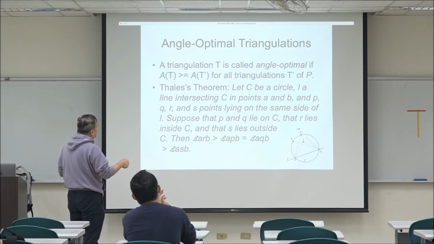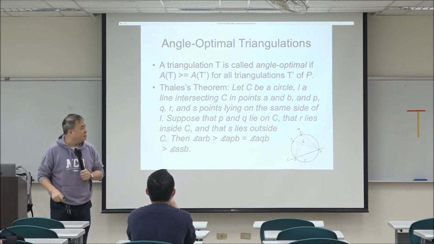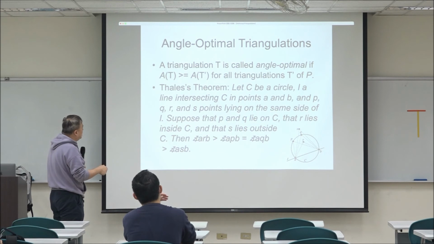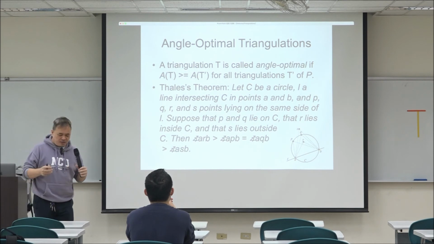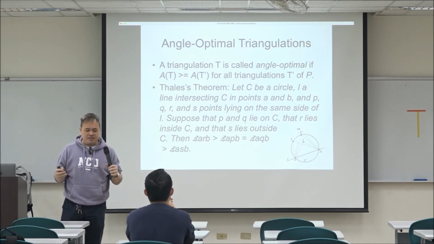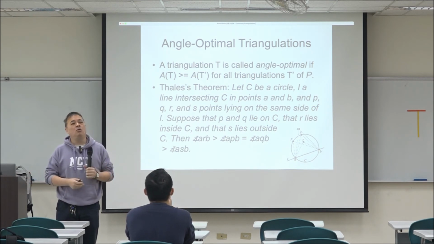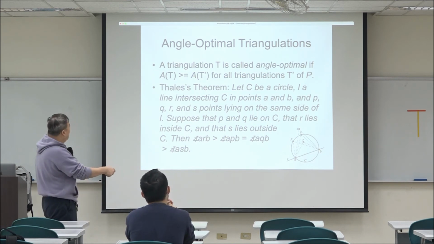We said a triangulation T is angle optimal, which is what we are looking for, if A(T), the angle vector of T, is greater than or equal to the angle vector A(T prime) for all triangulations. So if the triangulation's angle vector is the largest among all the triangulations, then we say this triangulation is angle optimal.